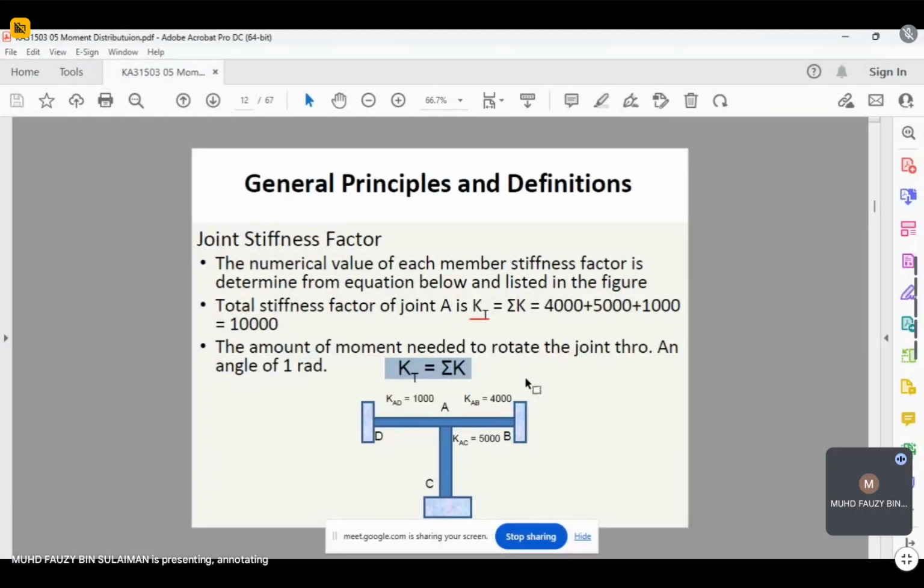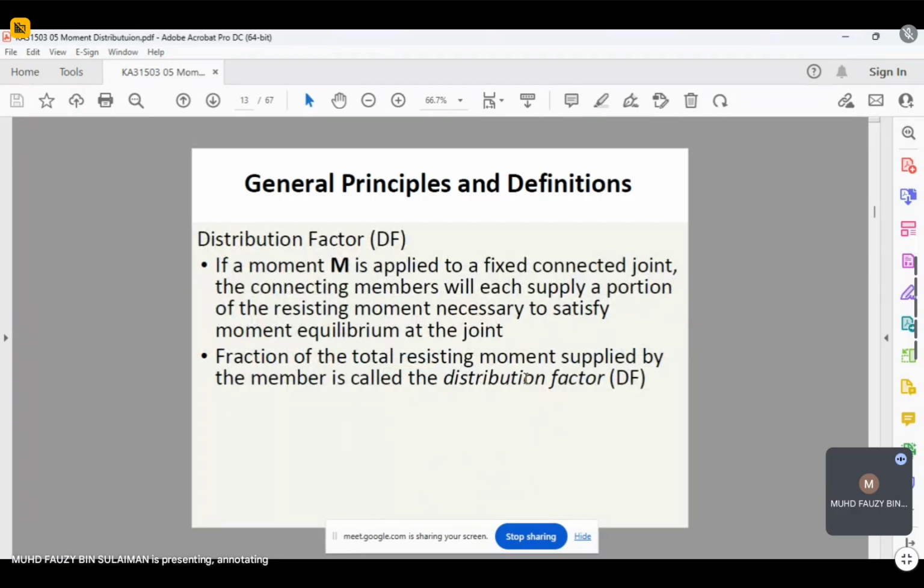Okay, the second step is to find the distribution factor. This is the second thing that you have to memorize. The distribution factor is the fraction of the total resisting moment.